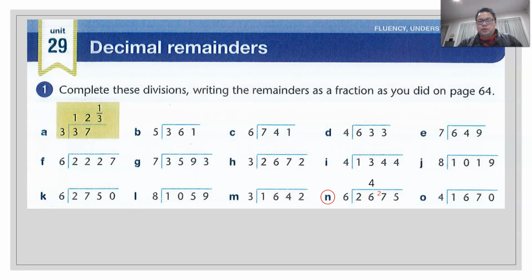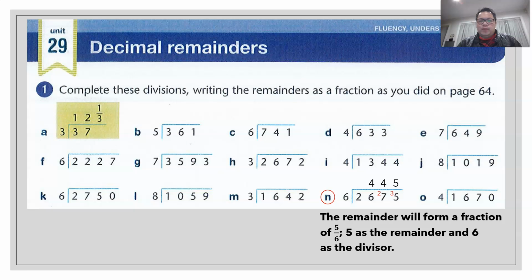Remainder is 2. 27 divided by 6 is 4. Remainder 3. 35 divided by 6 is 5. And the remainder is 5, and it's 5 out of 6 because 6 is actually the divisor. Easy? So you're supposed to give a fraction remainder for this case.